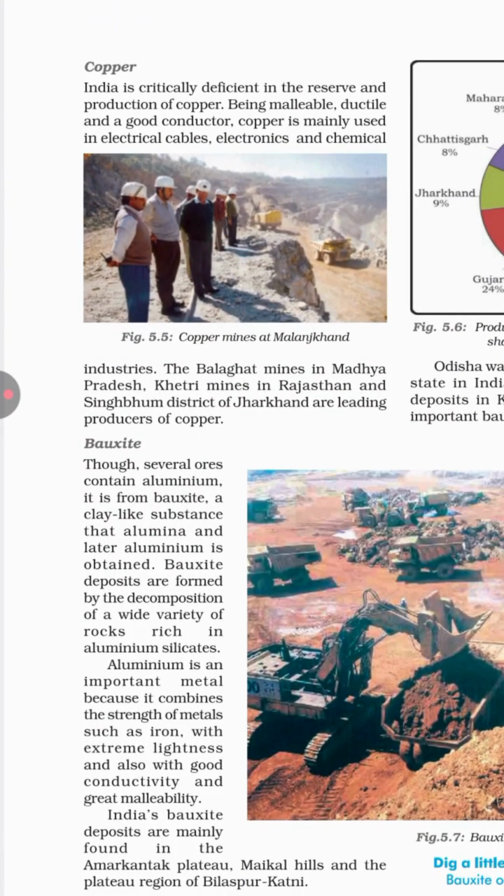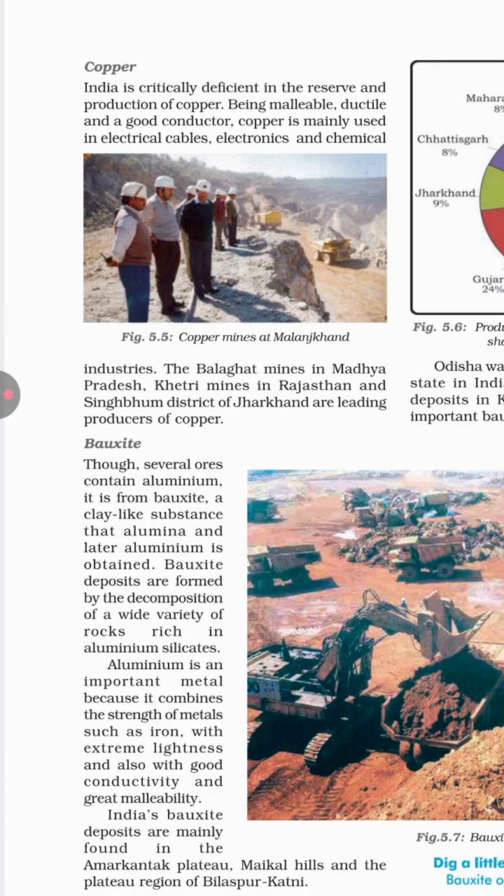Copper, basically in olden times we used to use it for making utensils. Now with the development of the electronic goods industry, and with the boom of real estate, the demand for copper has gone up because of copper wiring and all that. Copper is basically mined in Rajasthan and Singhbhum districts.